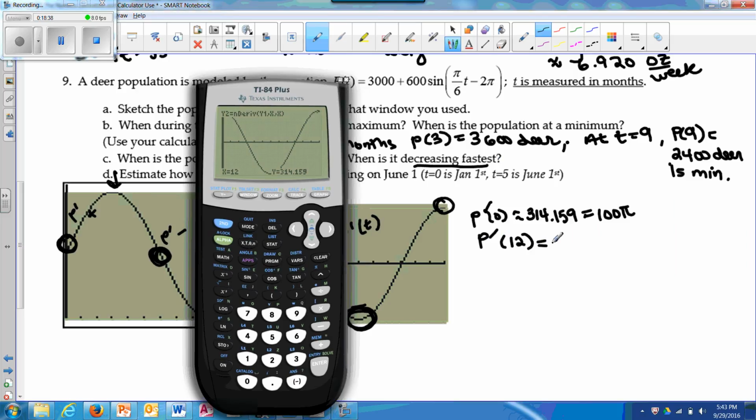If I trace and press in 12, notice I got the same thing. So P prime of 12 was also 100 pi, or 314.159. And remember, these are slopes, so these are in deer per month, because it's the change in y over the change in x.